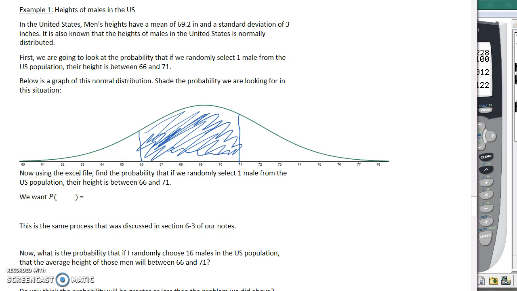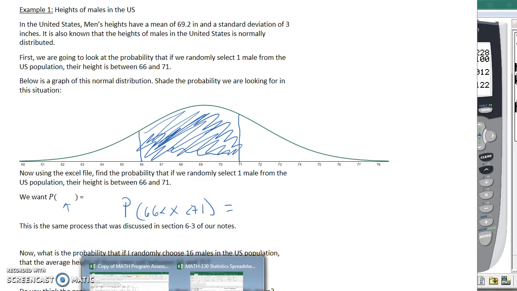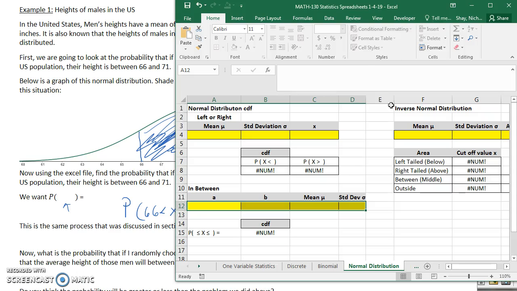Okay, so now using the Excel file, we're going to find the probability that if we select one male from the U.S. population, their height is between 66 and 71. So we're finding the probability that a value is between 66 and 71. We actually did this in section 6.3. We're going to go to our Excel spreadsheet.